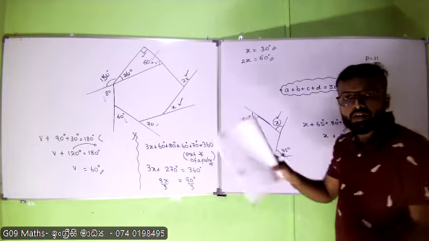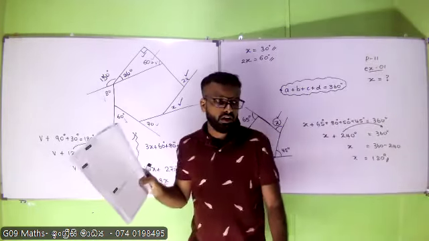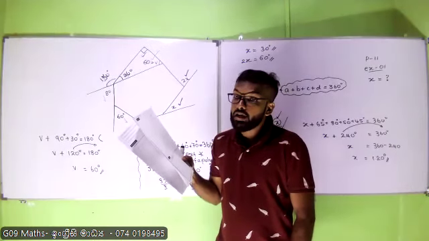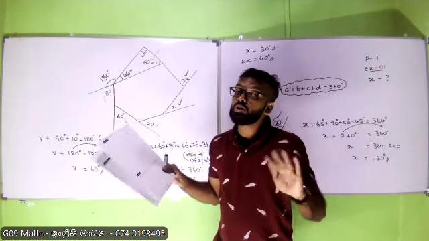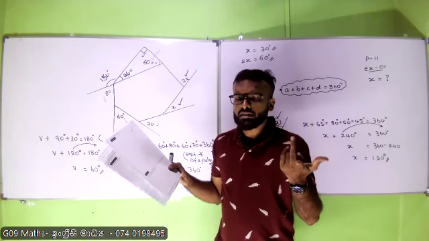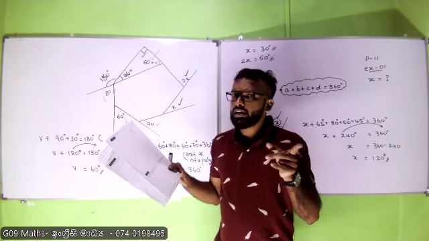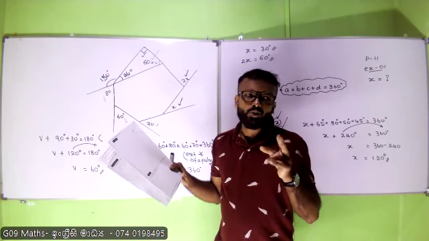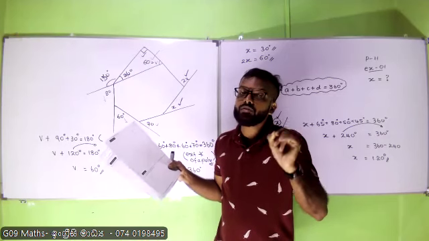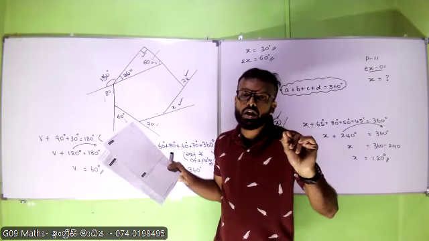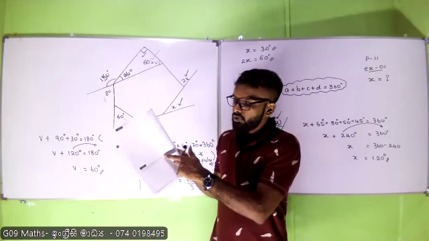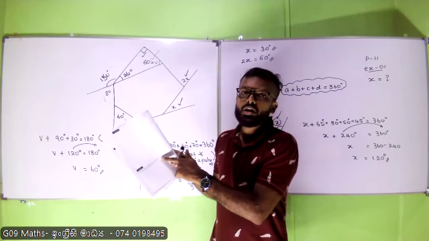Right, guys, shall we do example number 3? I'll give you a hint. Exterior angles of a quadrilateral are in the ratio 1 to 2 to 3 to 4. You can take the smallest angle as x. Then how are you going to form this ratio?